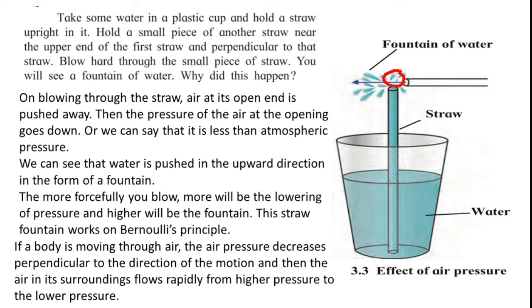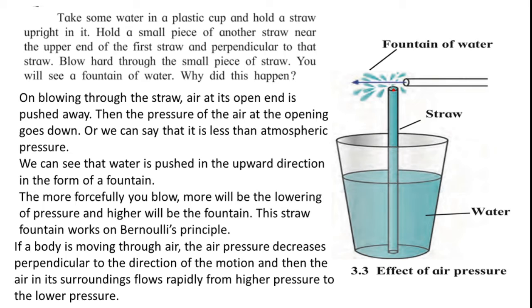Why did this happen? On blowing through the straw, air at its open end is pushed away. Then the pressure of air at the opening goes down. Or we can say that it is less than atmospheric pressure.